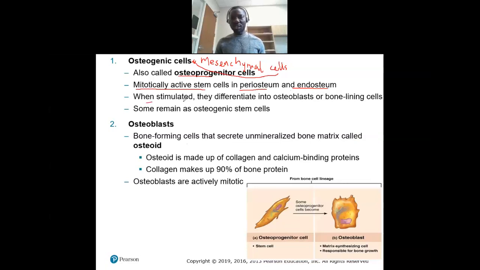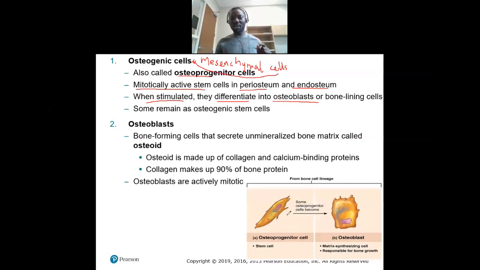When they are stimulated, they differentiate, as though they specialize, to form osteoblasts or bone lining cells. Some will remain as osteogenic cells, which will still be stem cells to give rise to other cells. So, the first thing I want you to take note of is that osteogenic cells are the stem cells of the bone, but they originate from mesenchymal cells.